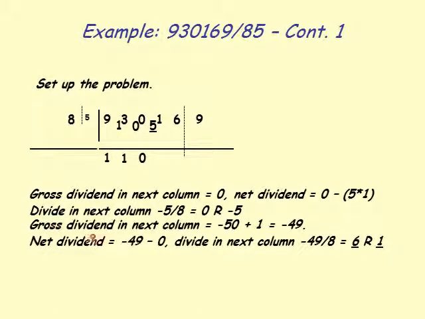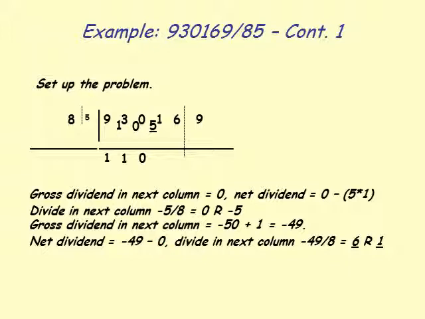In next column we have a minus 50 from this negative 5, plus 1, which is minus 49. Adjustment because of this 5 on the flag and 0 on the quotient is 0. Minus 49 minus 0 is still minus 49.